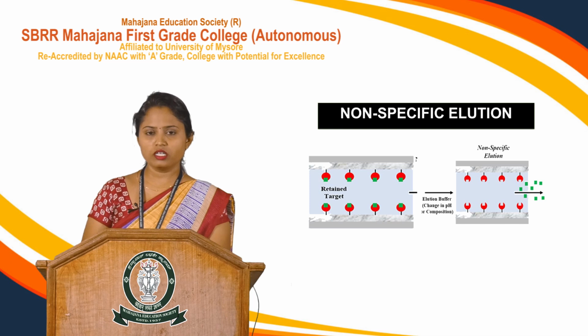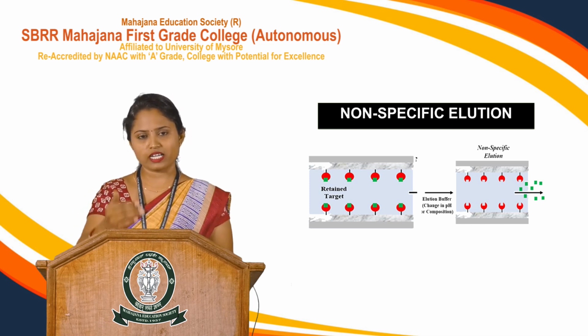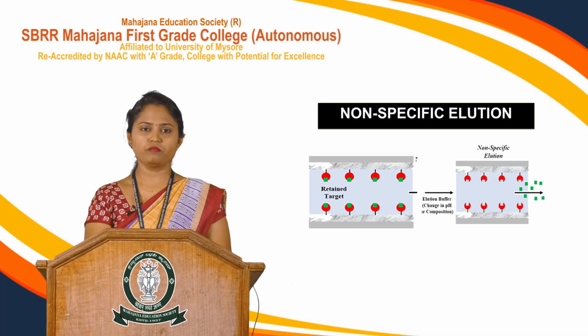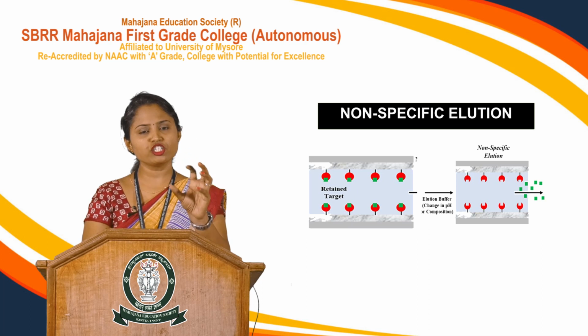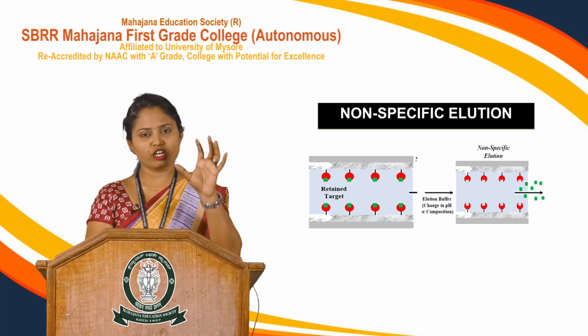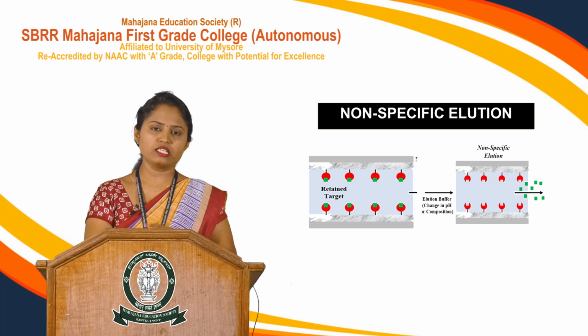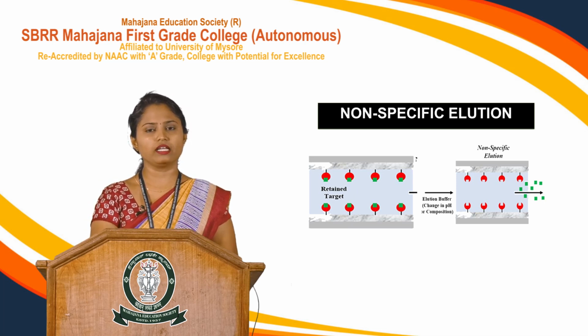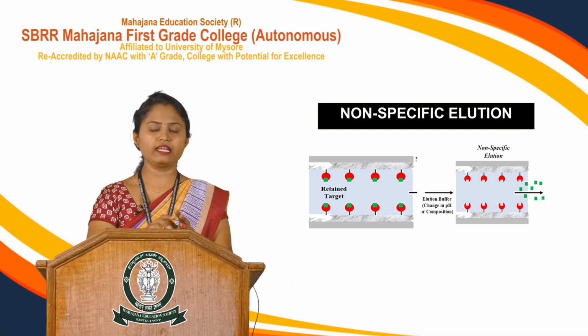Once you alter the pH of the solution and load it into the column, as the buffer traverses through the column, the pH of the buffer immediately alters the functional group surfaces. As the functional group surfaces get ionized, they lose their charges. Once they lose the charges, the affinity between the bound molecule and the ligand is lost and they get detached.